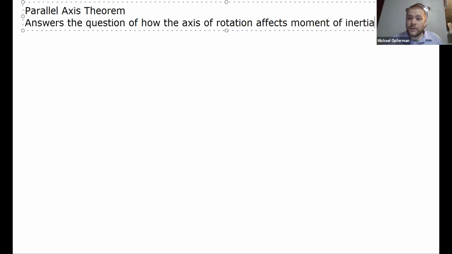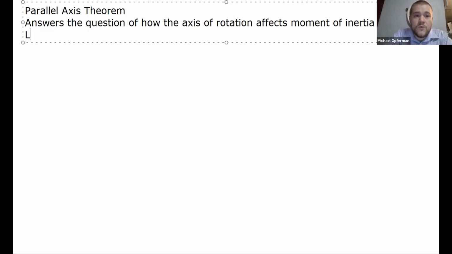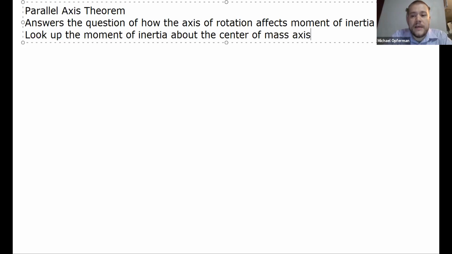Just to take a really simple example, this one I originally gave, where you rotate the pen like this, and then you rotate it like this, and you can feel that the moment of inertia changed. Let's see if we can figure out how much it changed. The way that you do parallel axis theorem is, first of all, you look up the moment of inertia about the center of mass axis in the table.